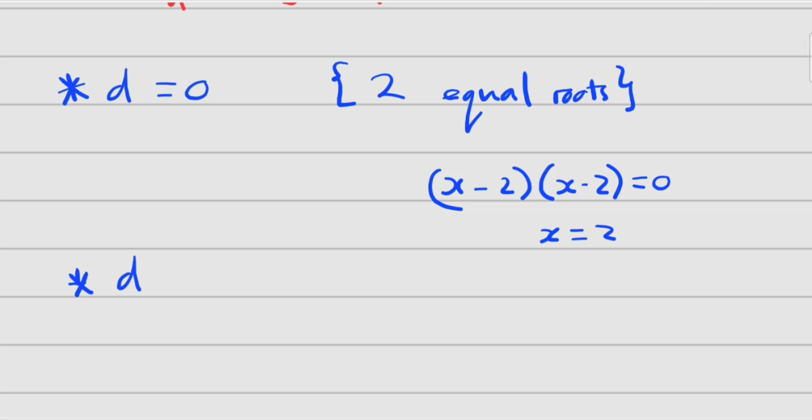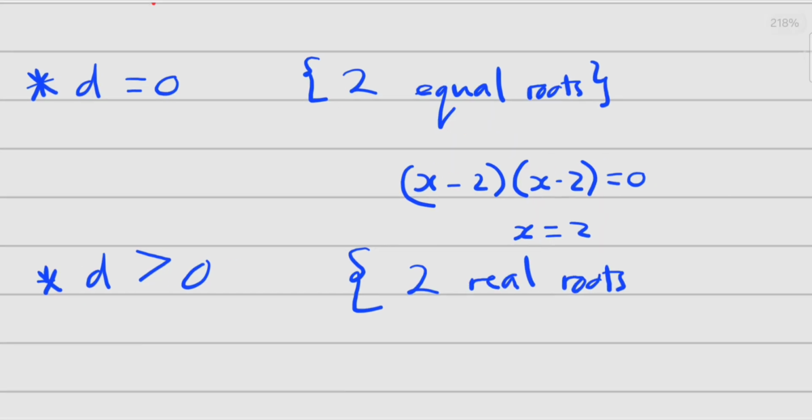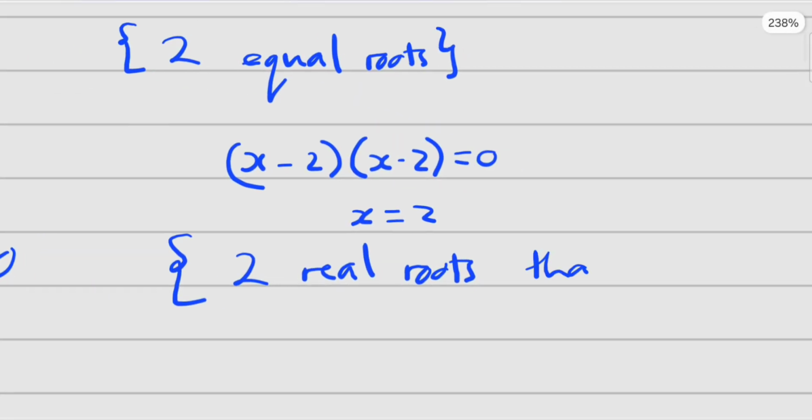And if our discriminant is greater than 0 like this, right? It means we have two real roots that are not equal, right?